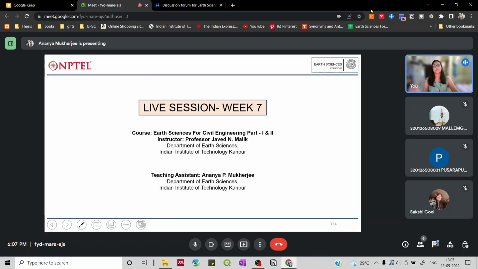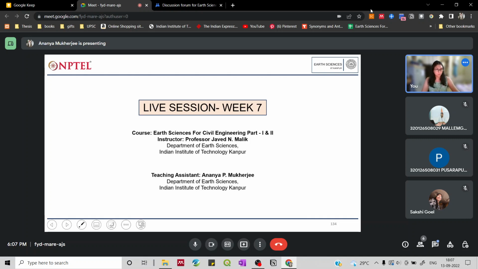We learned about different kinds of techniques, how we can study past earthquakes, how we can study active faults that are still deforming the earth, and how we can get all that information and try to reduce the hazard that earthquakes are causing.